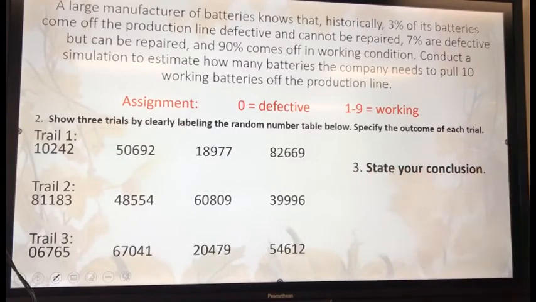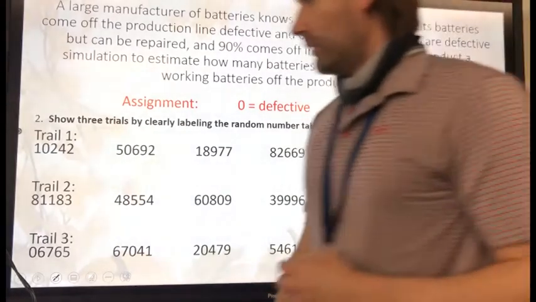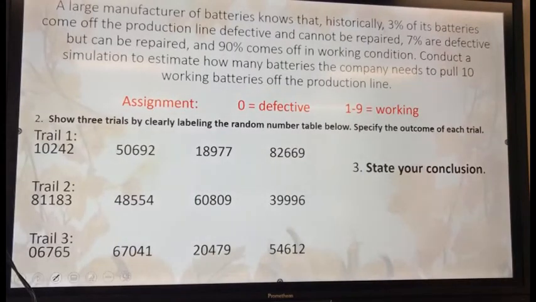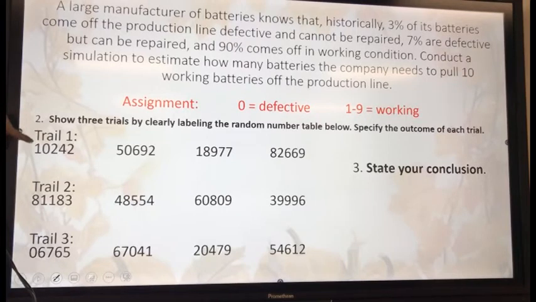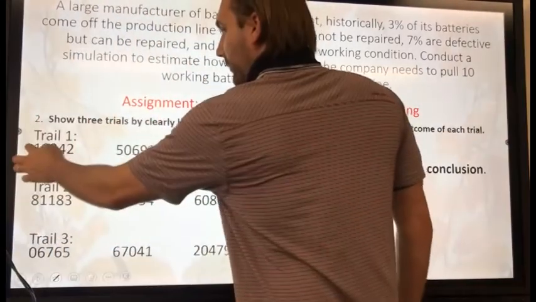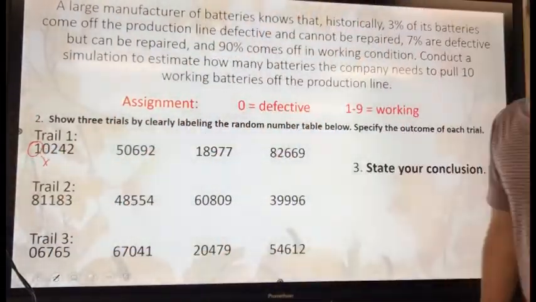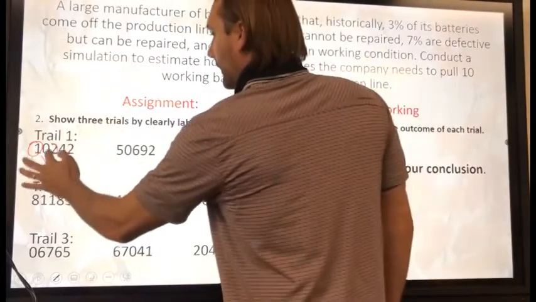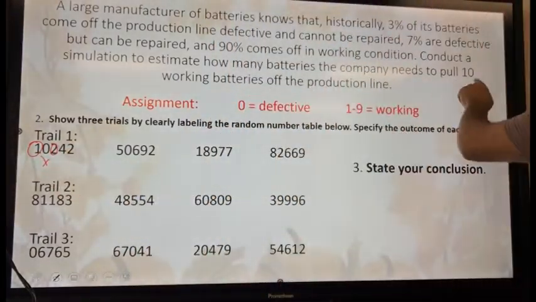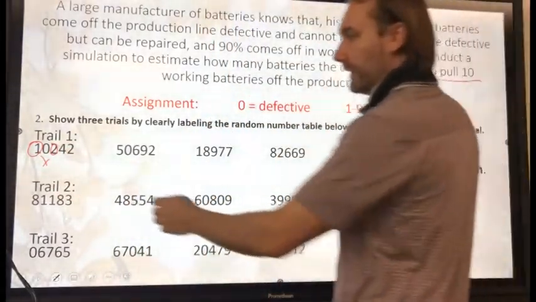Here are our trials. Based on trial one, my first, was it working? Yeah, 1 is considered working. 0, was it working? No. So X. So I have 1 that's worked. 2, is it working? Yes. So I'm looking for how many? I need 10 to be working. 4, working?